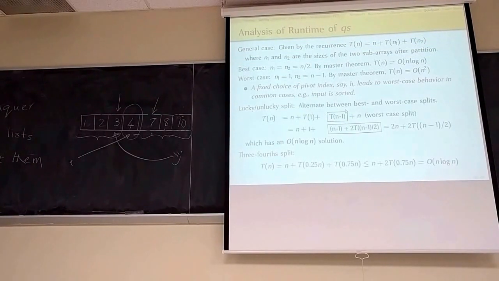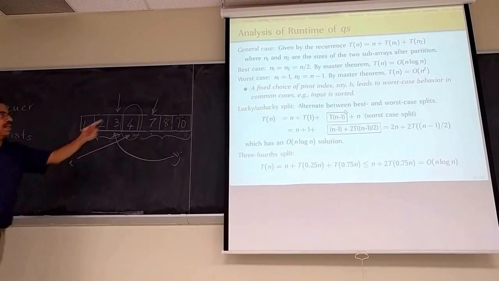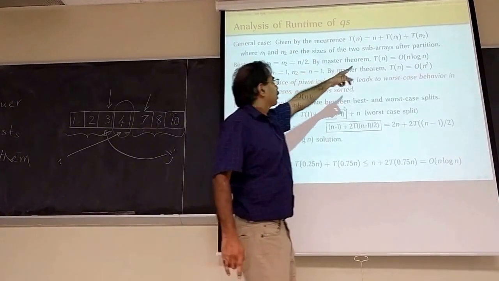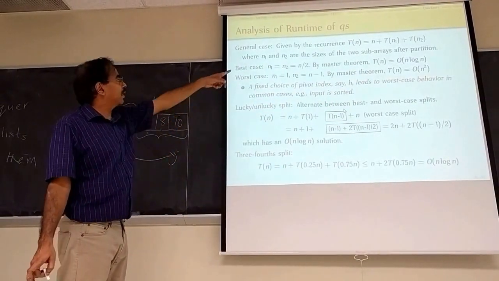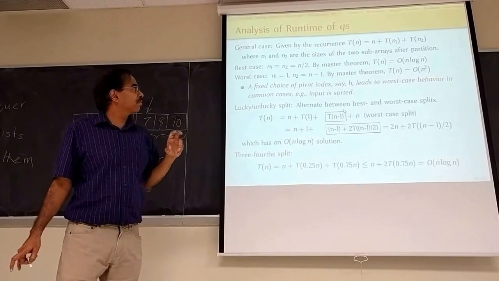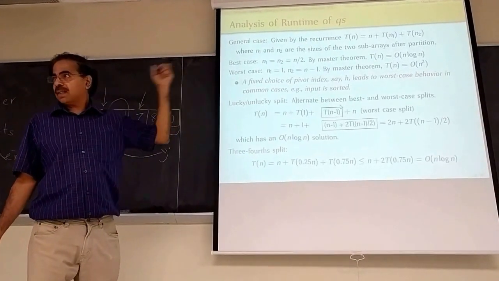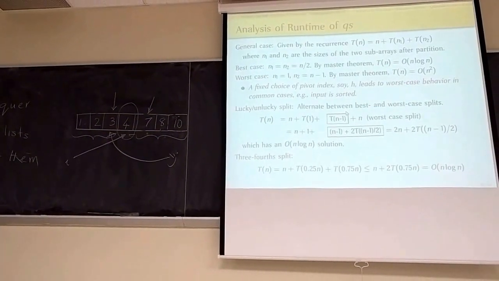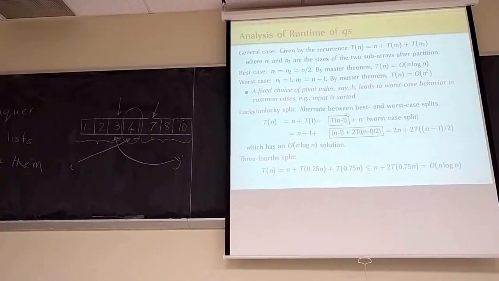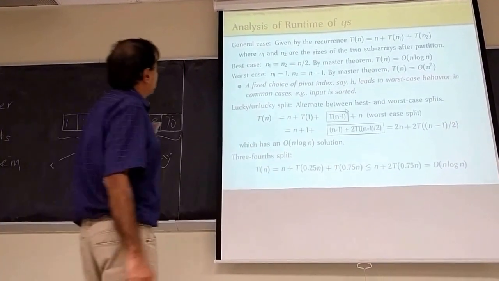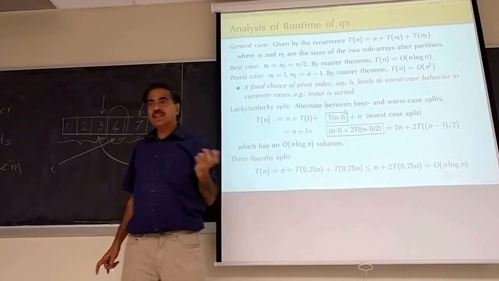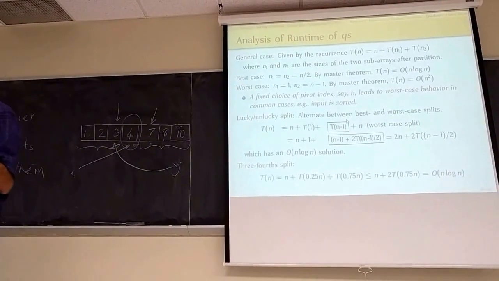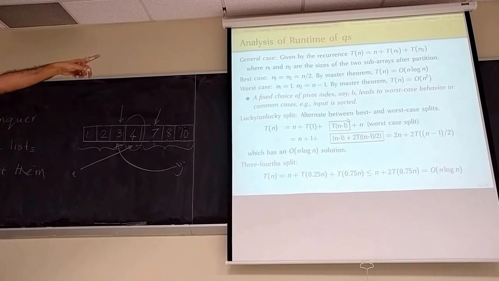So let n1 denote the size of the first partition, and n2 denote the size of the second partition. Then we can write the recurrence P of n equals P of n1 plus P of n2 plus the cost of doing the partition, which is n. Now we don't know how to solve this because unless we are told what n1 and n2 are, we can't solve it.